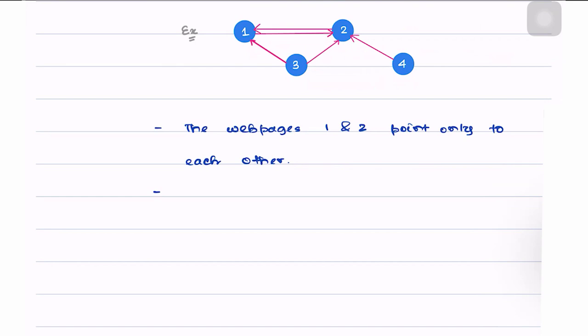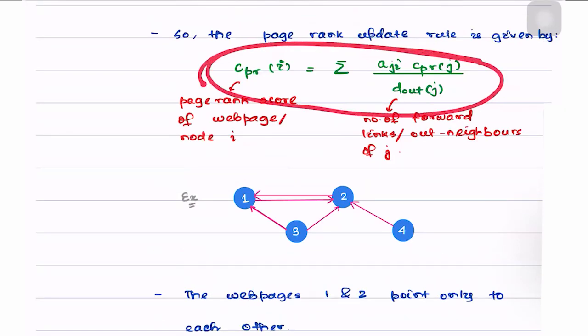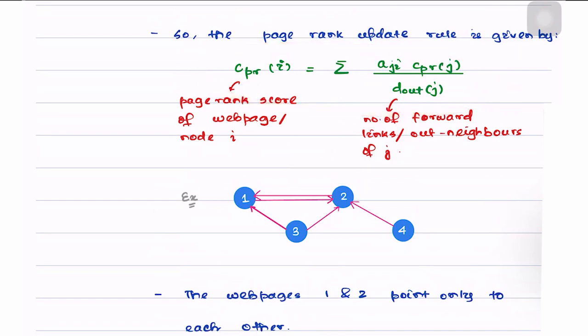Additionally, web pages 3 and 4 point to 1 and 2. Meaning now, if we apply this algorithm in a recursive manner, what is going to happen? 3 passes on its importance to 1 and 2, and 4 passes on its importance to 2.